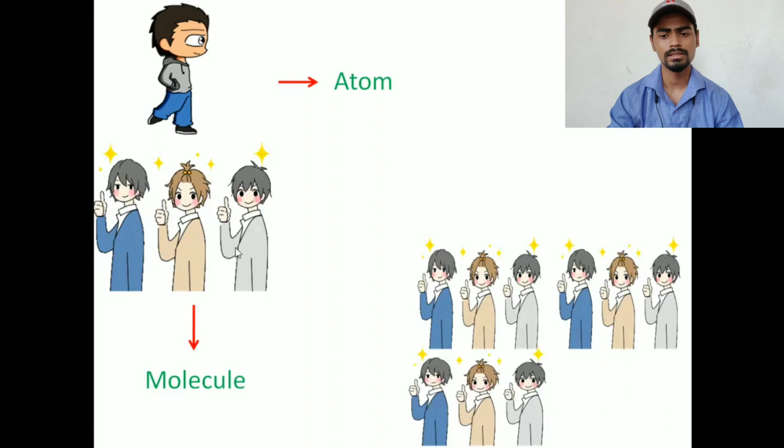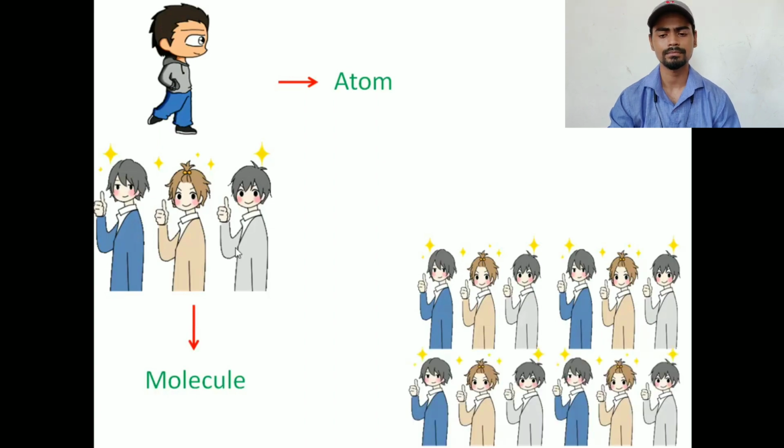Now when these groups combine, they form a class. So if we talk in the physics manner, when you were alone, you were just like an atom. When you combine with your friends, you form molecules, and when you combine with the other groups from your class, it becomes matter.